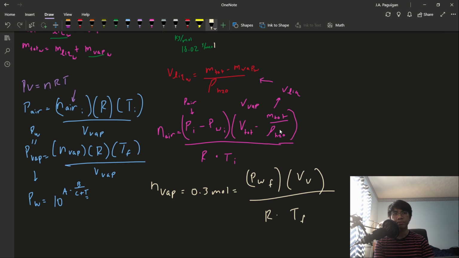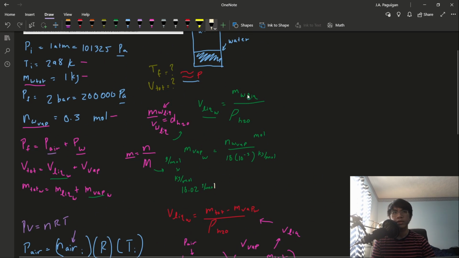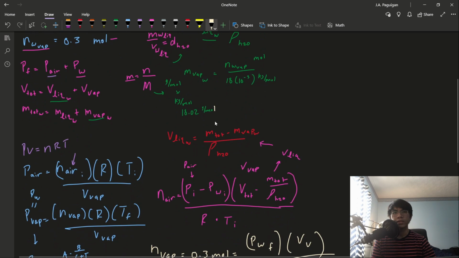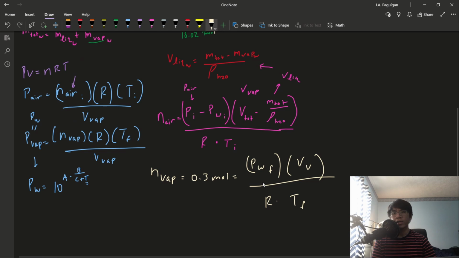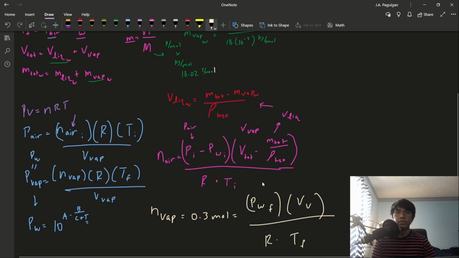You can see I didn't break these down. Well, we know this was the same, but the more important reason why I didn't break down the pressure of the water at the final temperature is like how I said earlier, how I didn't break down the mass of liquid water when I did it for the volume of the liquid water. It's kind of useless to break things down more than once, as making substitutions from the same equation with the same variables involved will just bring you back to where you started.